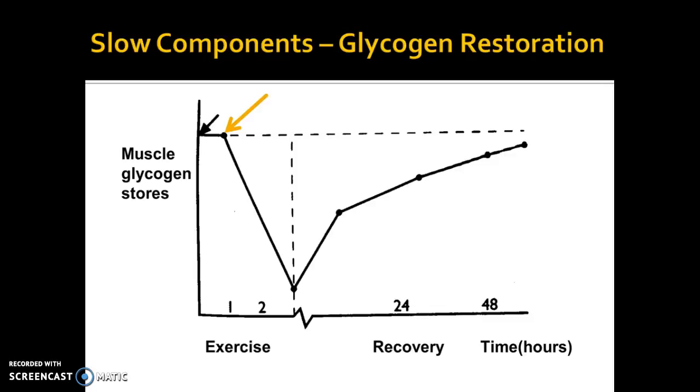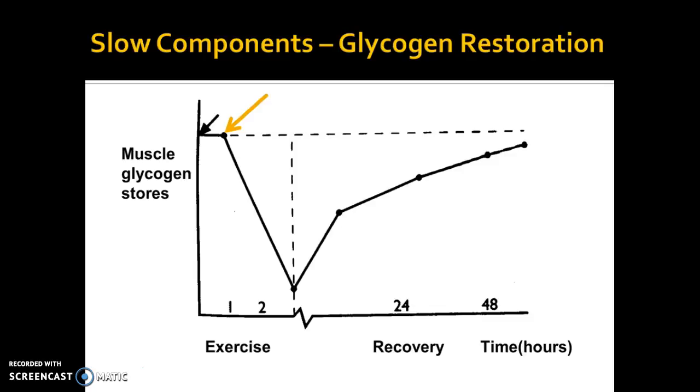So ultimately, the average rate of decrease in glycogen stores will be less, because the gels and drinks have prolonged the period in which the muscle glycogen stores drop significantly.